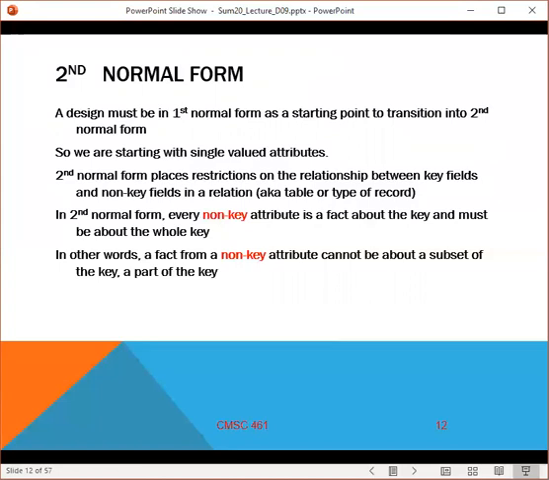A table is in second normal form when it is in first normal form, and secondly, it includes no partial dependencies. And remember, a partial dependency is where a non-key attribute is dependent on only one part of a multi-field primary key.